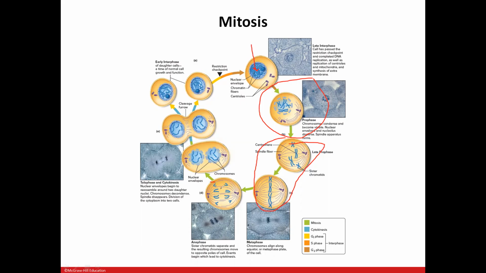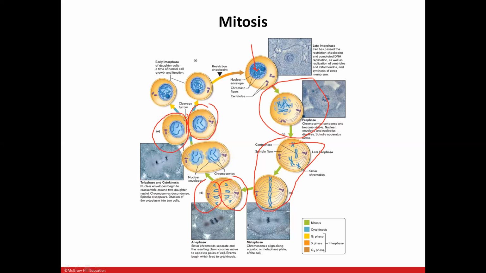Because what's going to happen is one side's going to take this stuff, one side's going to take this stuff. And then when we go to look, we can start to see that in telophase, they're starting to function as two different cells that are kind of just conjoined by this cytoplasm. And so what you see here is that you have one daughter cell here and one daughter cell here.